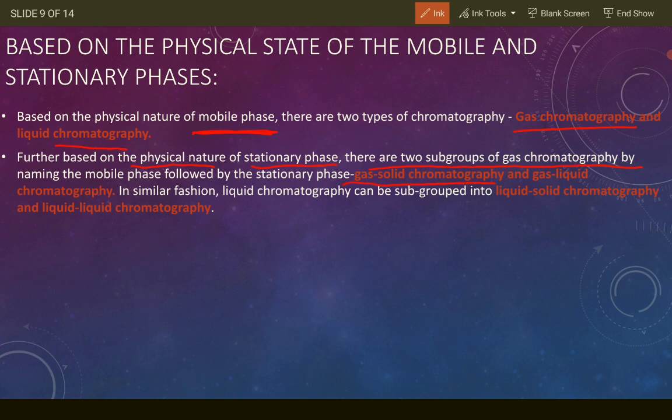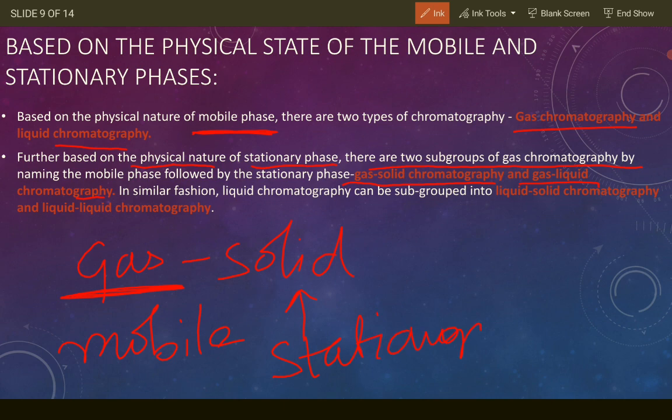Now further, based on the physical nature of the stationary phase, there are two subgroups of gas chromatography, which are gas solid chromatography and gas liquid chromatography. So gas solid chromatography means that the mobile phase is gas and the solid is the stationary phase. The first word that you will find is always the mobile phase, and the second is the stationary phase.